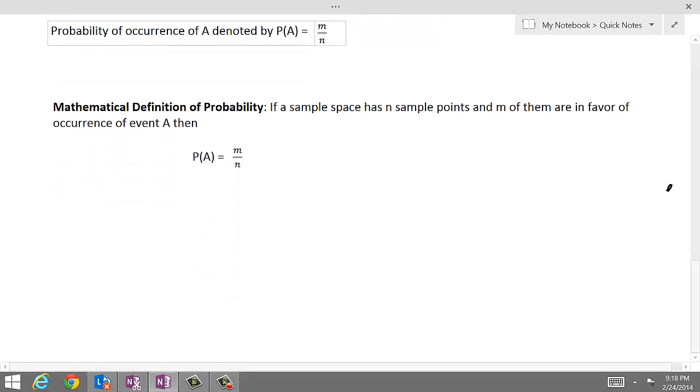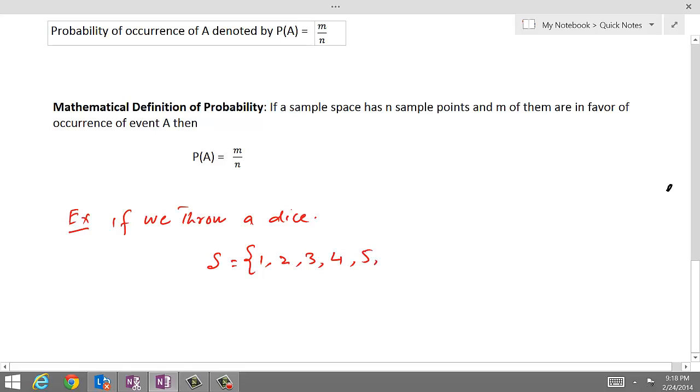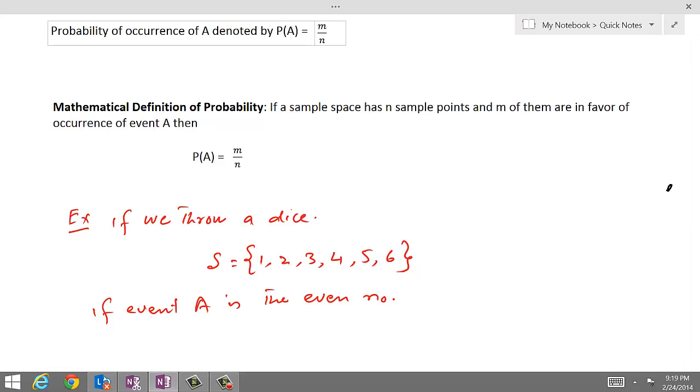For example, if we throw a dice, then what would be the sample space? When we throw a dice, the only face that can come up is 1 or 2 or 3 or 4 or 5 or 6. If event A is the even number, like event A denotes that if an even number comes up, then A is said to be true.